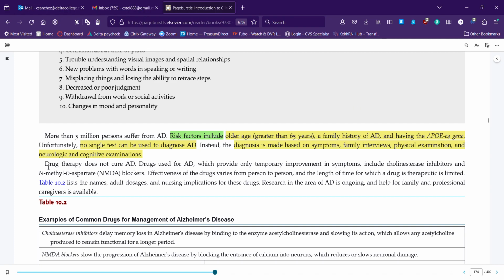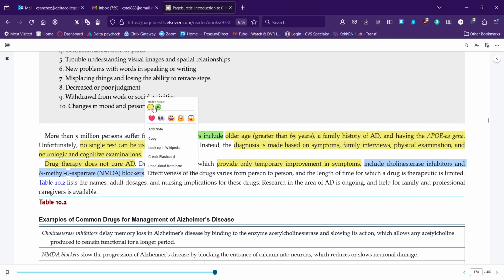So the drugs that are used for AD is not cure. It's not a cure, y'all. It just kind of slows things down. It gives them temporary improvement, okay, in the symptoms. And so these drugs include your cholinesterase inhibitors and your NMDA blockers.